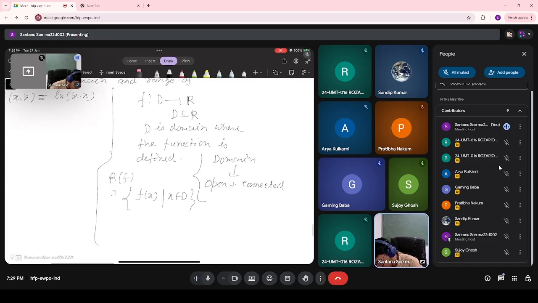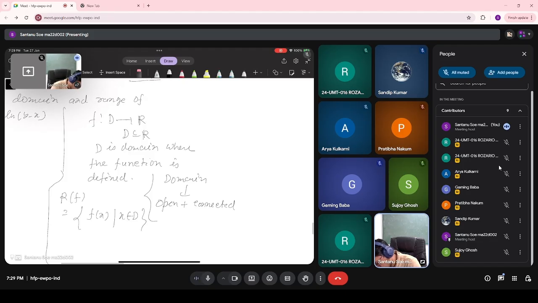Now, for example, if I give you the function f from R to R by f of x equals ln of x, can you tell me what is the domain and range of this function?